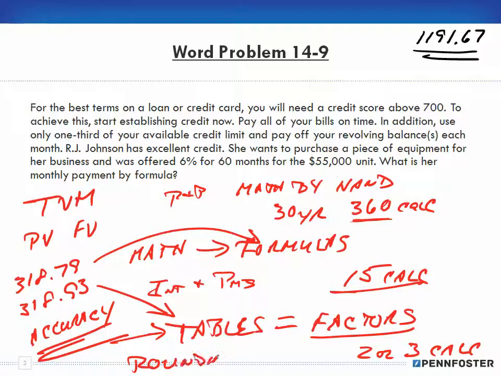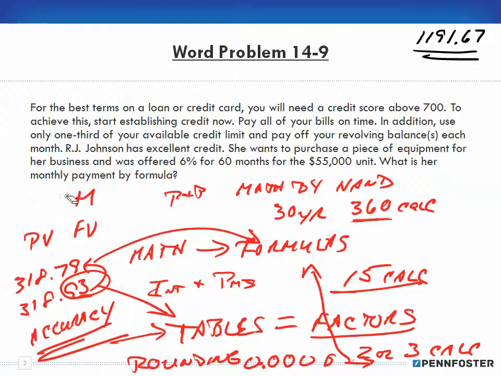In the tables, the factors generally go out 4 places, but they could go on a lot more based upon the formula, which would bring us closer and closer to the more accurate number of the formula. But for all intents and purposes, we're not going to worry about a few cents. Now, when you're talking about millions or hundreds of millions of dollars, you're using a computer or a calculator that has the formula built right into it and gives you the most accurate number.